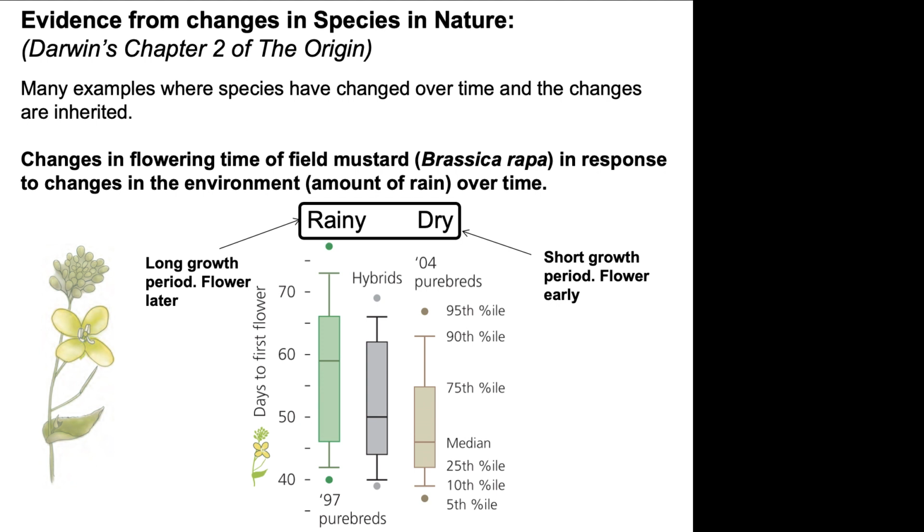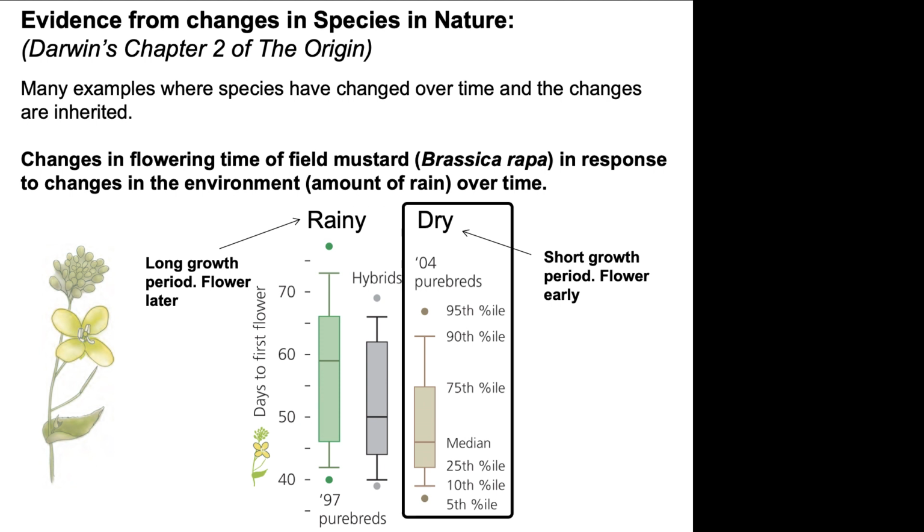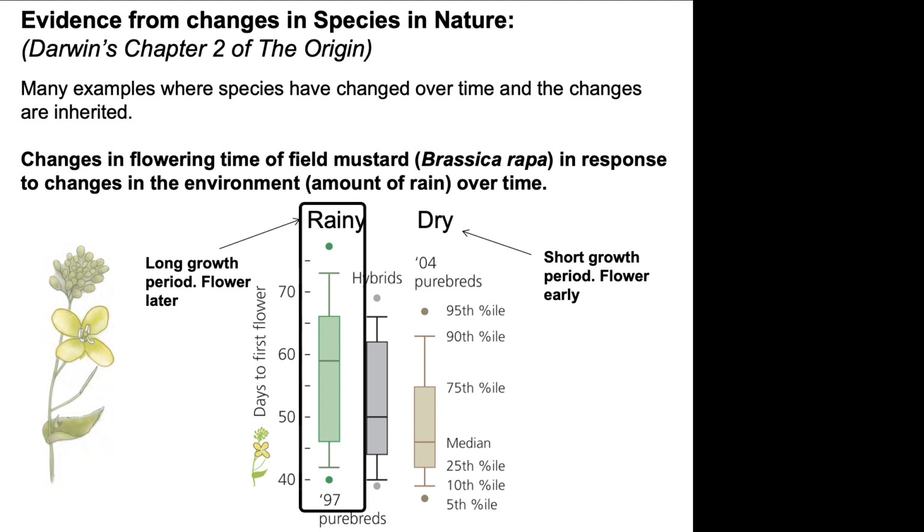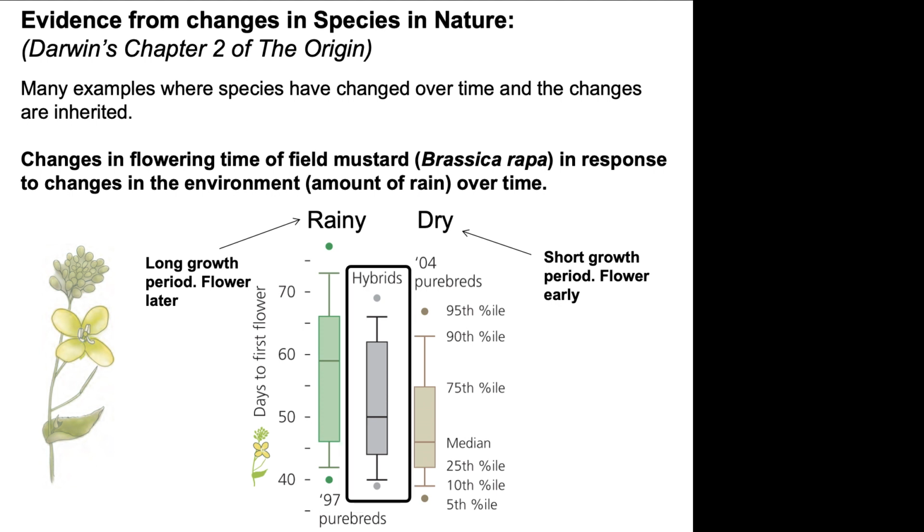So whether it lives in a rainy area or a drier area, the days to first flowering is shortened in the dry regions versus the rainy regions. So there's selection for that. And then when you produce hybrids of those two, the progeny are intermediate between the two types, the two ecotypes.